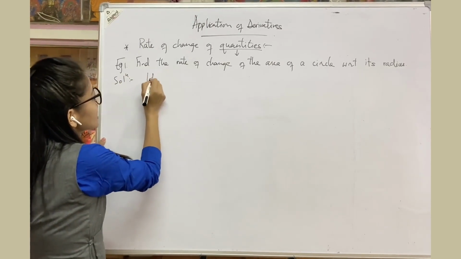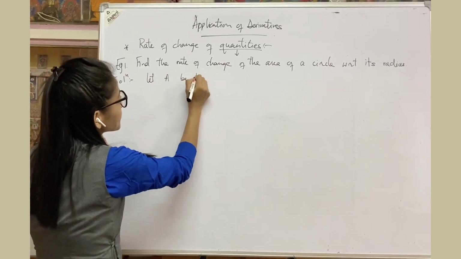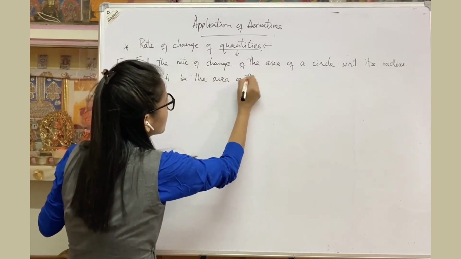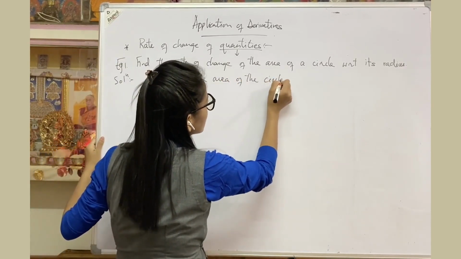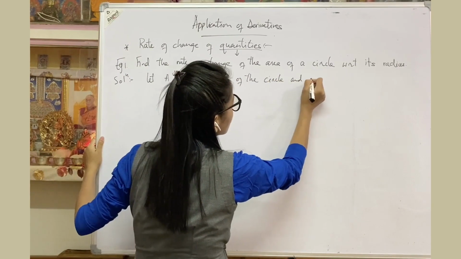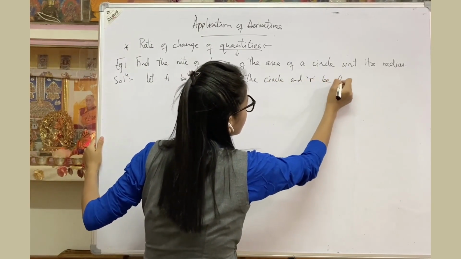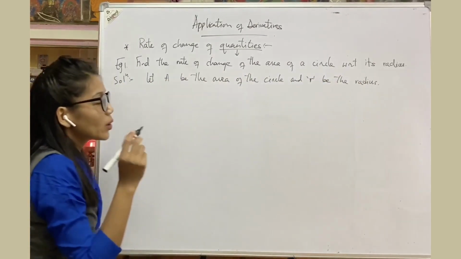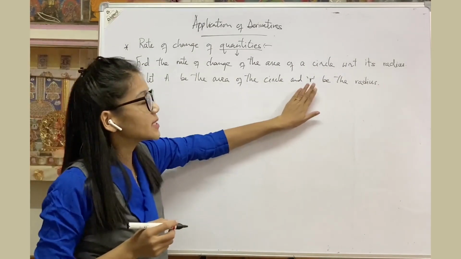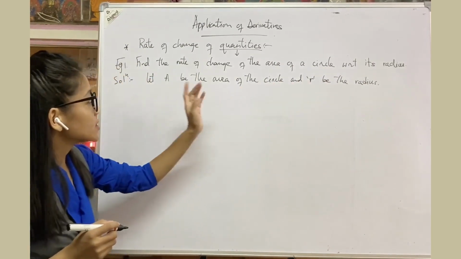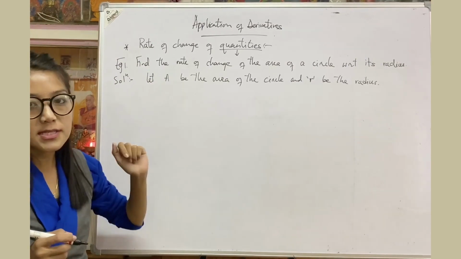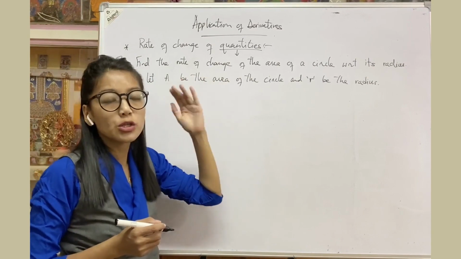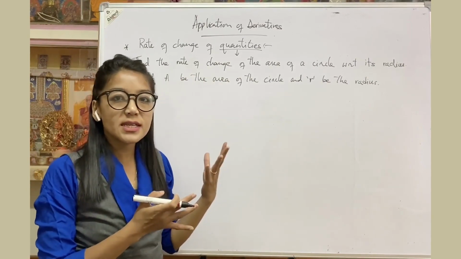Let A be the area of the circle and r be the radius. So you have a circle whose radius is r, and you denote A as the area of the circle. You can use any variable here, for example let y be the area of the circle. Whichever variable you want, you can take.